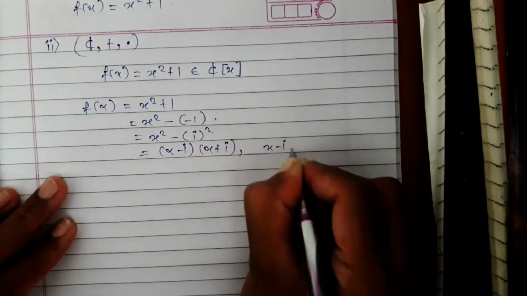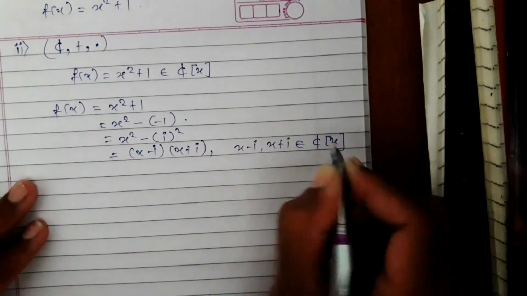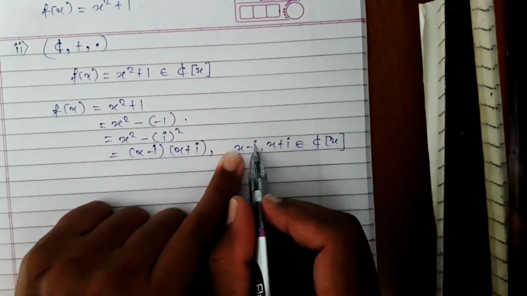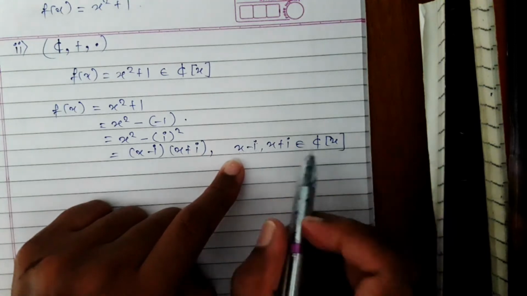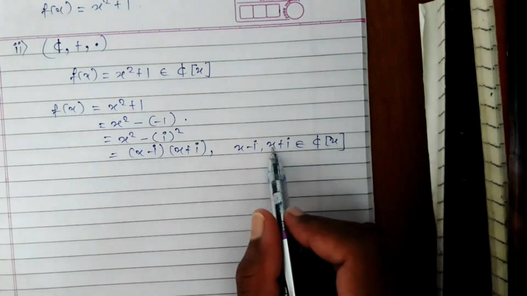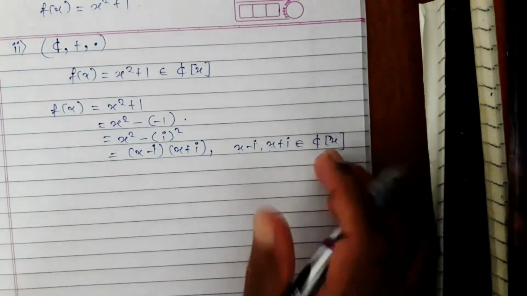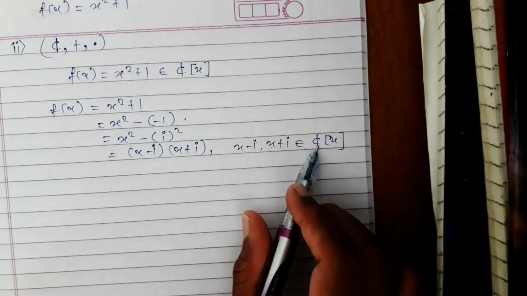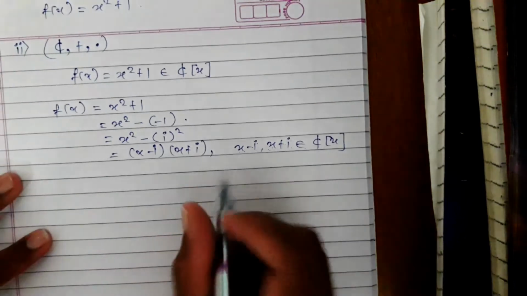Both x minus i and x plus i belong to polynomial ring Cx, because here the coefficient of x is 1 and this i both belong to the set of complex numbers. Therefore x minus i and x plus i belong to polynomial ring Cx.